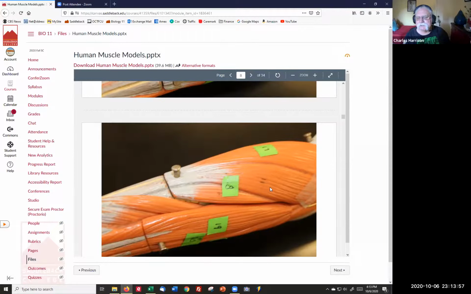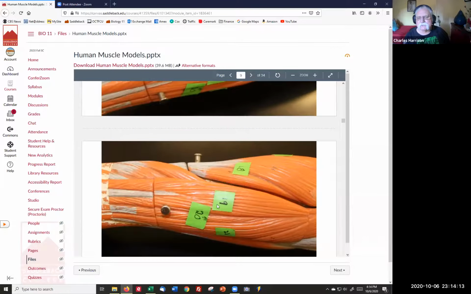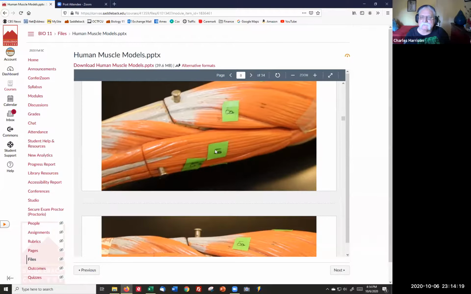This is the extensor carpi radialis. You're now on the thumb side. The one next is going to go to all of the digits. It shows better here. When you take the test, if I were going to ask that muscle, I would not ask it off of that slide.